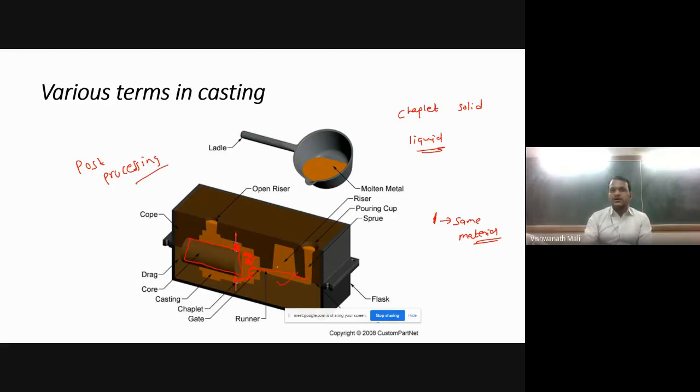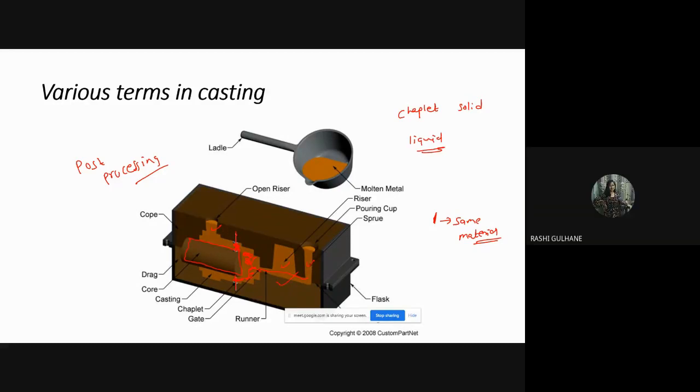So this riser part, this sprue part, this open riser part, all we need to cut. We also need to remove this core from the mold to make this hollow. So that is called post processing. That also we are going to see. Post processing comes under machining, the cutting part. We need to cut that to get the final product. Okay, sir.